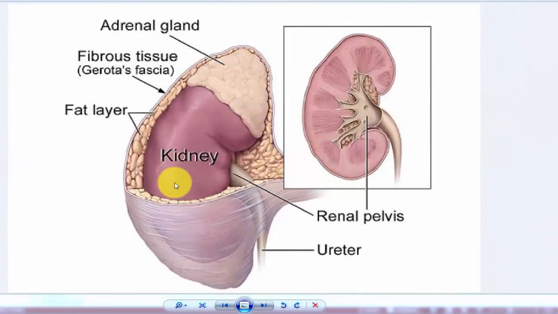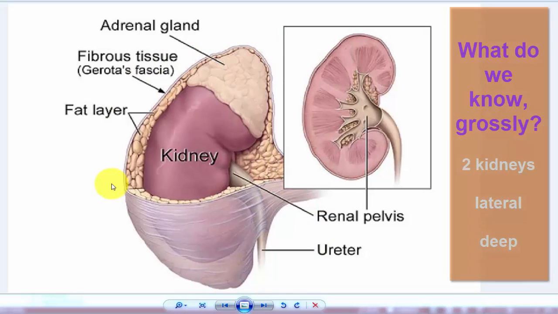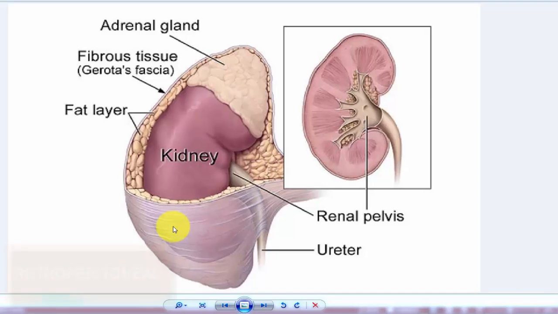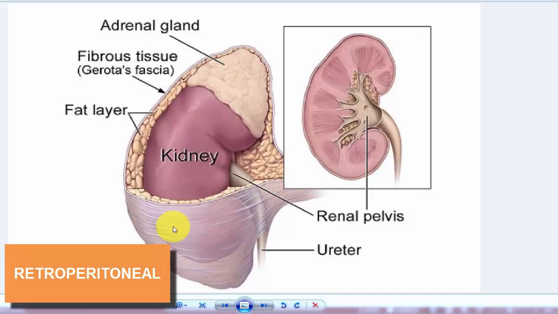So the kidney is a kidney bean shape. Of course, here we are looking at just one single kidney. But we know that there are two kidneys. They are located on each side of the body, laterally and deep behind the peritoneum. Hence the term retroperitoneal.